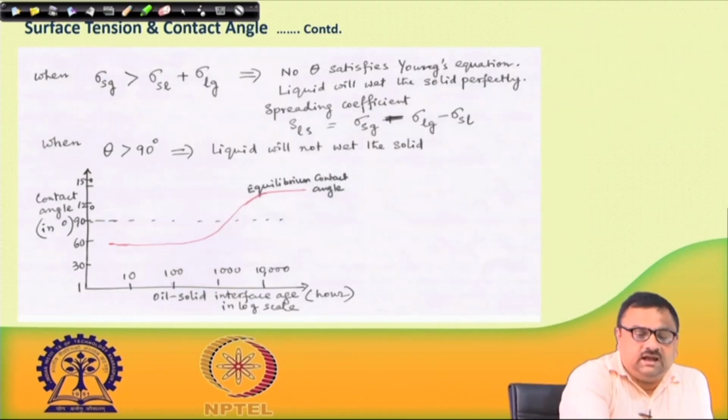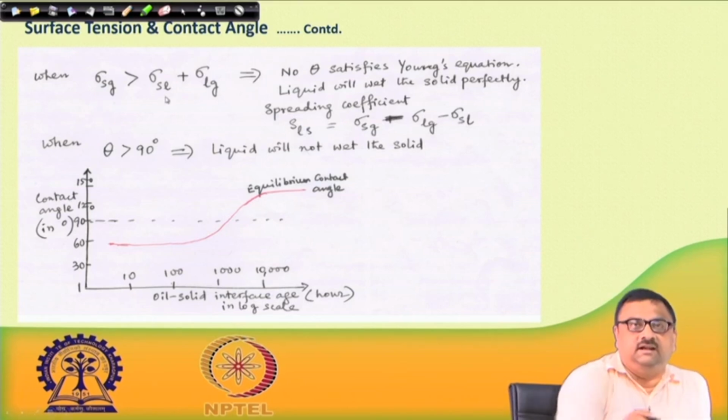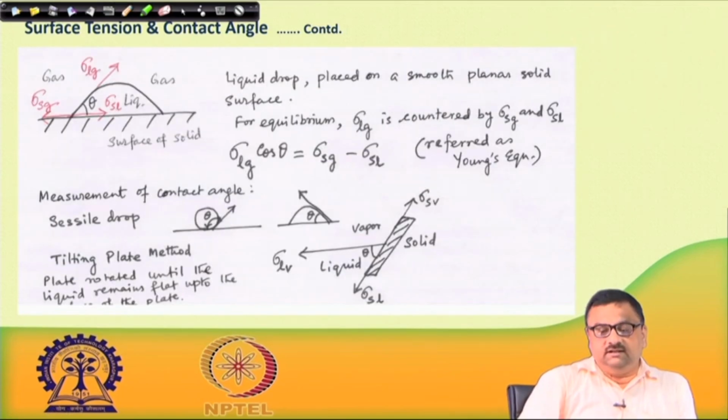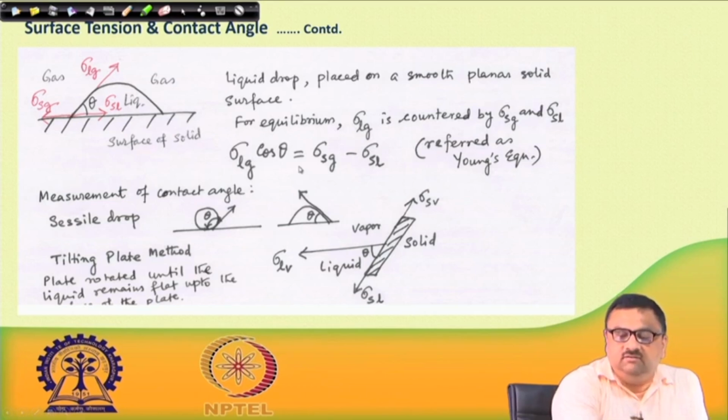Now, in the event sigma SG is greater than sigma SL plus sigma LG, consider that cos theta can have a maximum value of 1, which happens when theta is equal to 0, since cos 0 is 1. So sigma LG plus sigma SL is equal to sigma SG. If we take sigma SL from right to left, sigma SG is equal to sigma LG into 1 plus sigma SL.